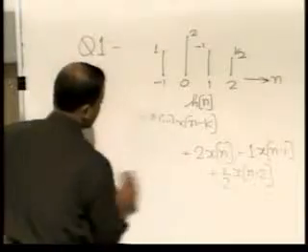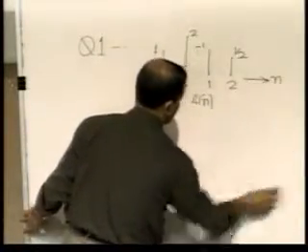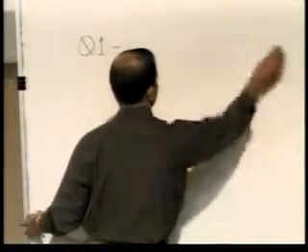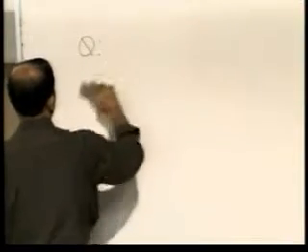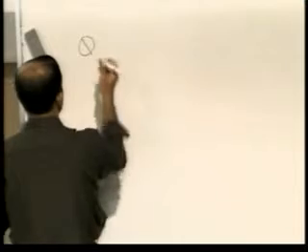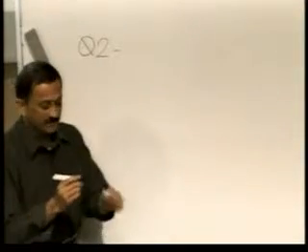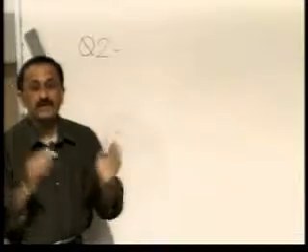Let us take the solution to the next question, question 2. In question 2, the first part asks you to calculate the output of a linear shift invariant continuous time system given one input output pair.